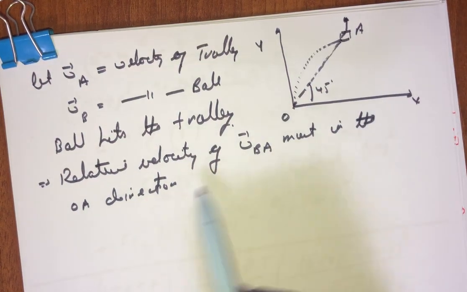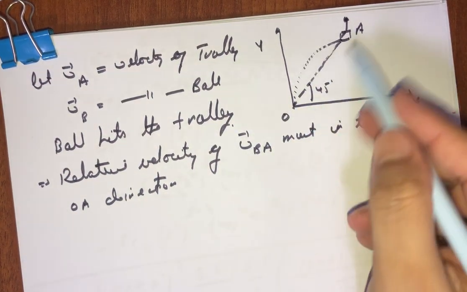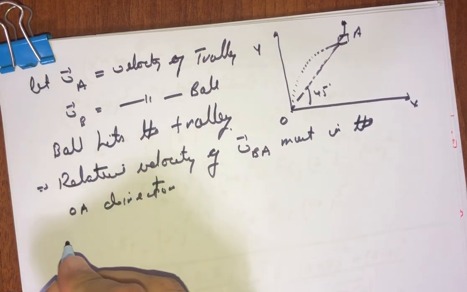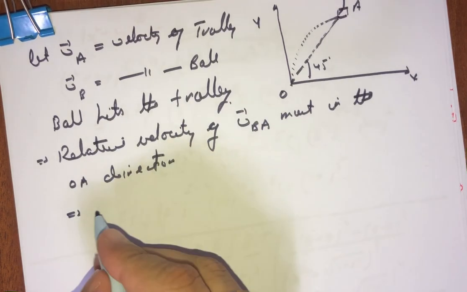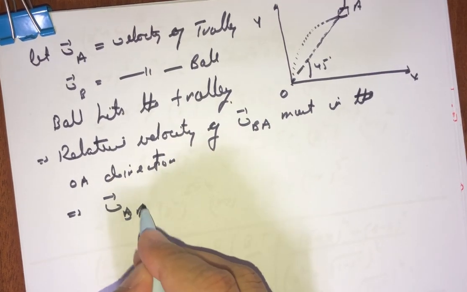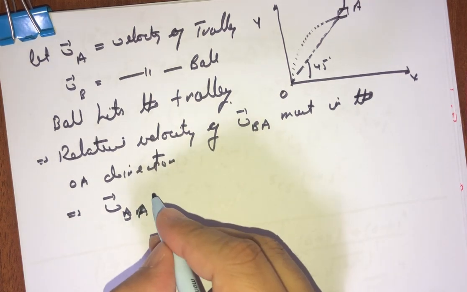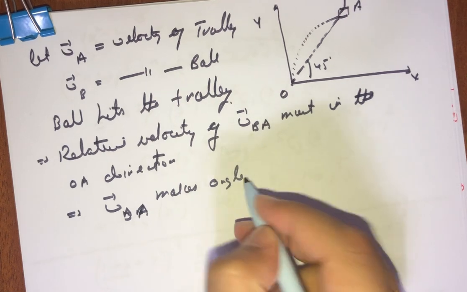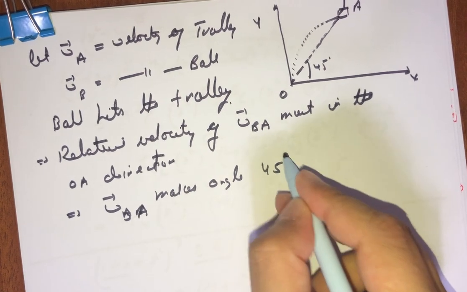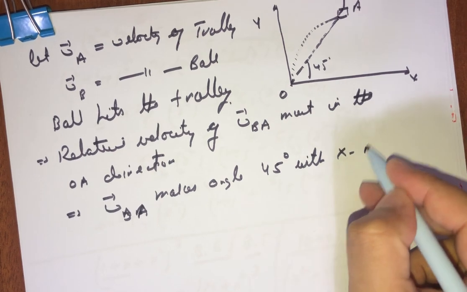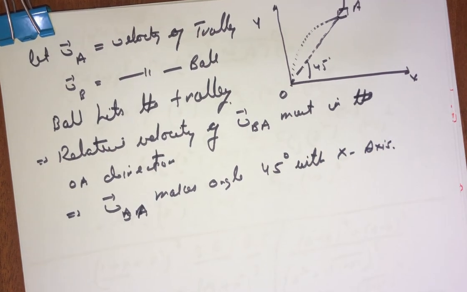If it is in the direction OA, then the angle made by it with the x-axis will be 45 degrees. So this relative velocity vector VBA makes an angle of 45 degrees with the x-axis. So this is our A part.